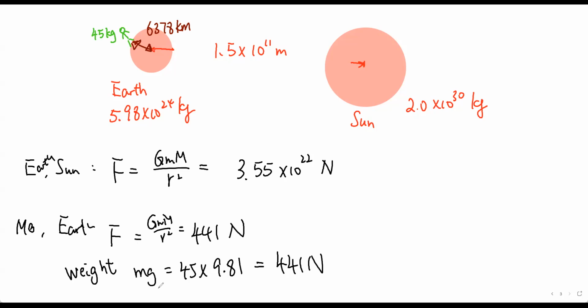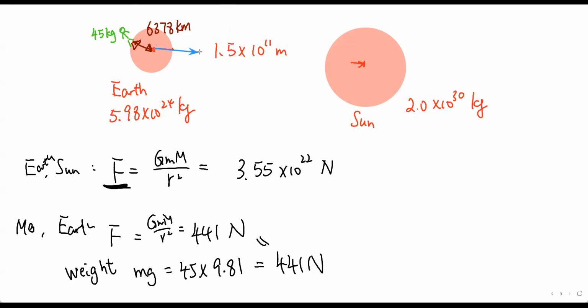They're equal because you know gravitational force is the weight. So this is the gravitational force between the Earth and the Sun. Why I say between? Because first of all, you need to know. The question may ask you.